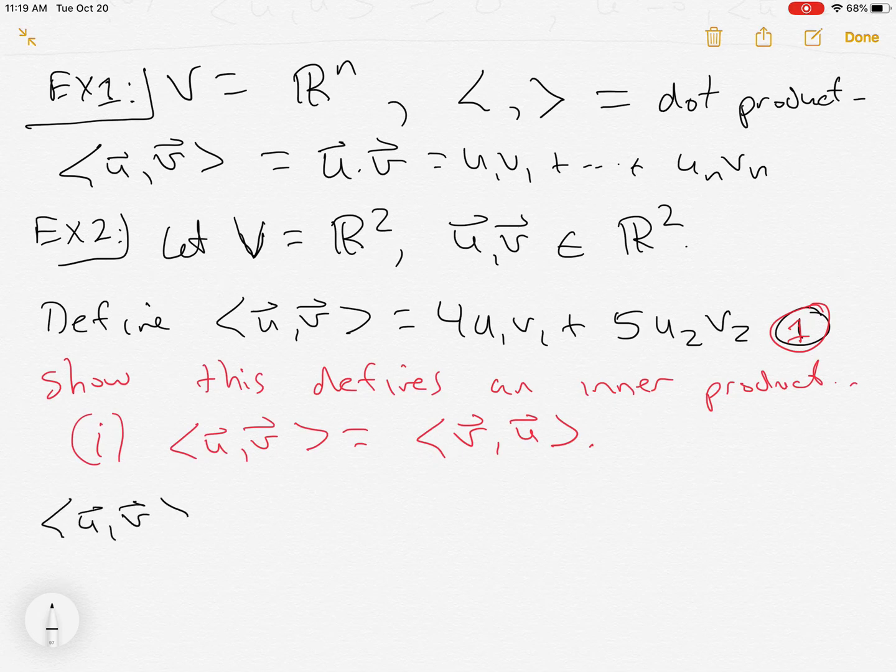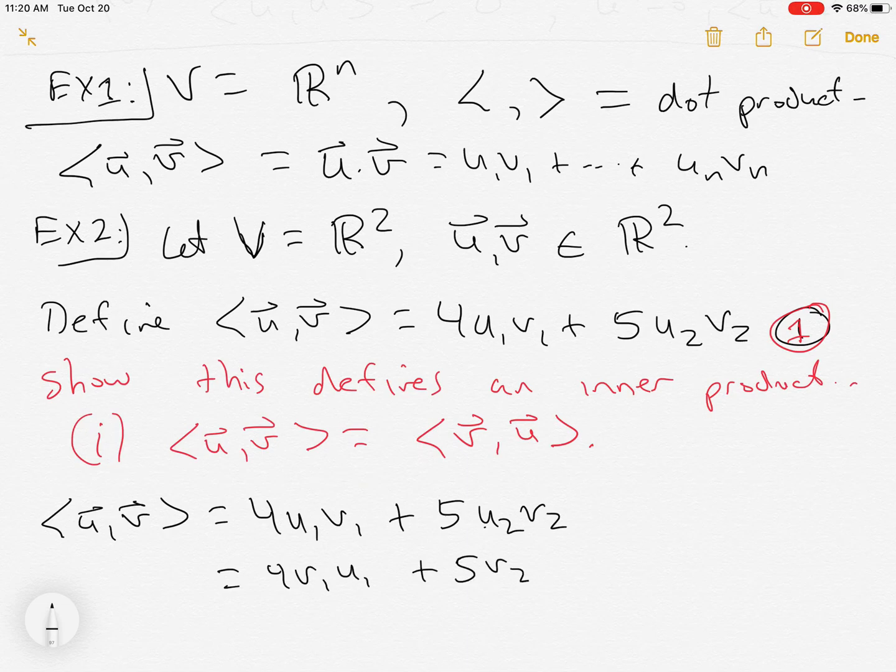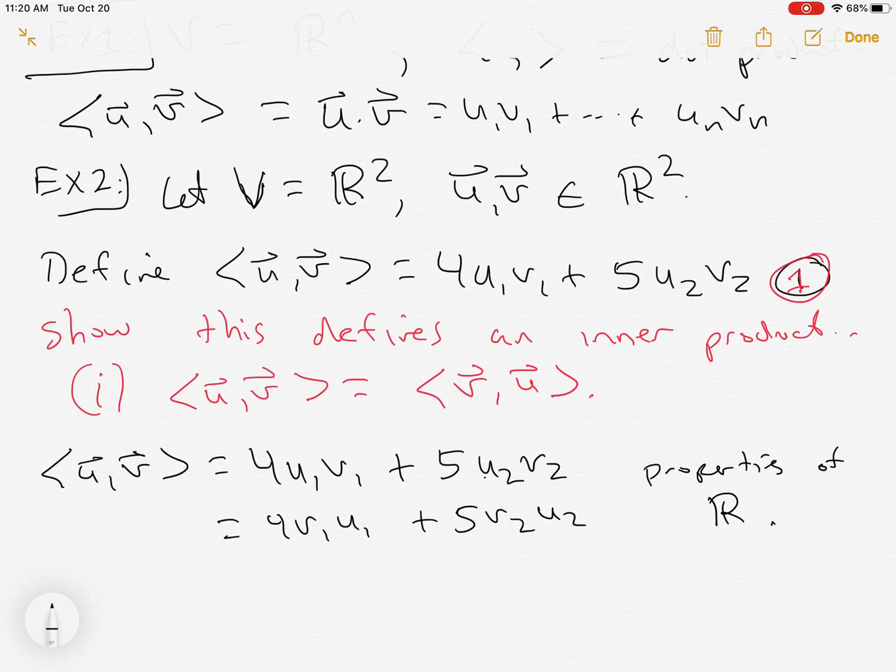The u inner product v is 4 u1 v1 plus 5 u2 v2, and this is in R, so this is 4 v1 u1 plus 5 v2 u2, by properties of R. And that equals the inner product of v and u. So check.